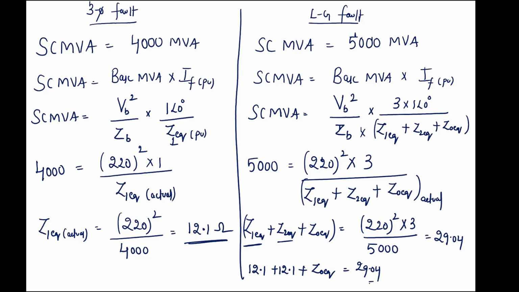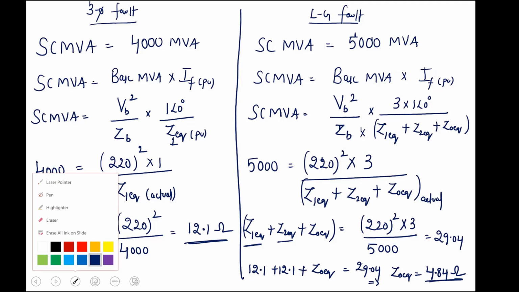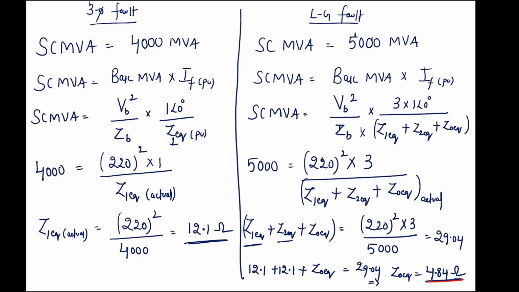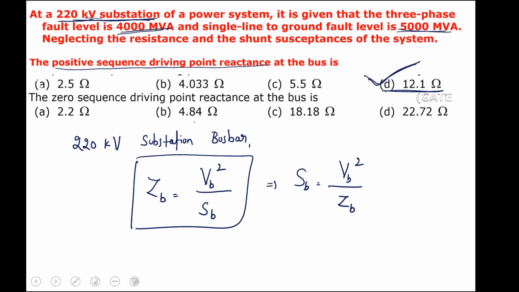So Z0 equivalent is 29.04 minus 24.2, which is 4.84 ohm. That is the zero sequence Thevenin's impedance. Option B is the right option.